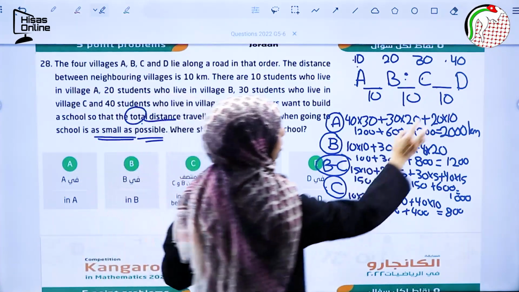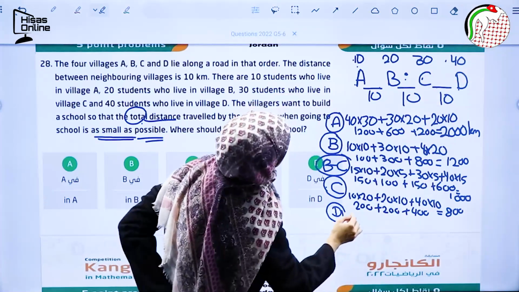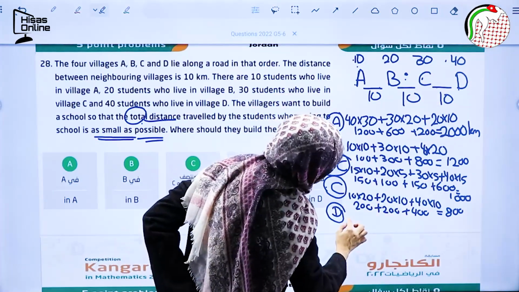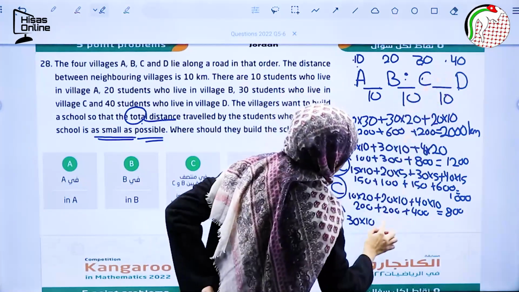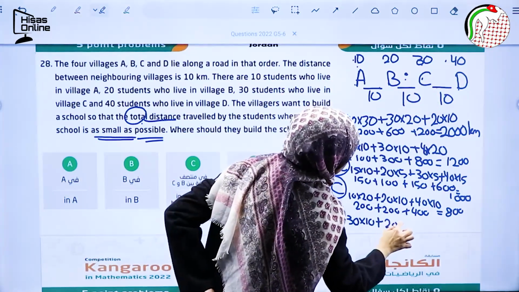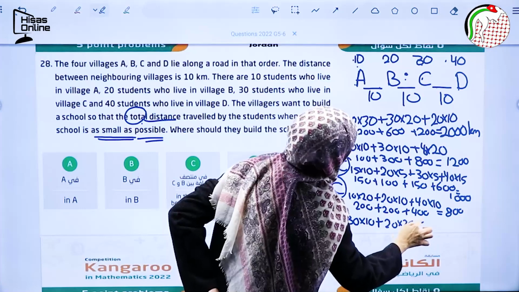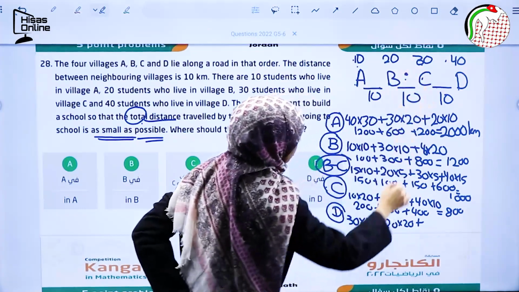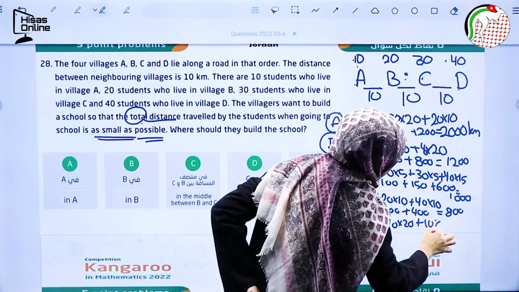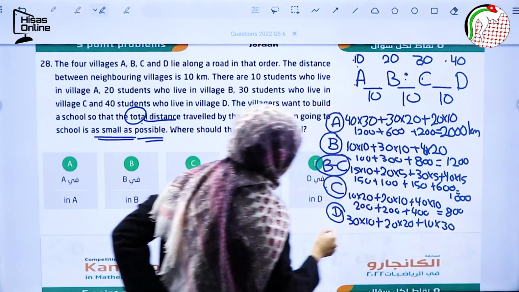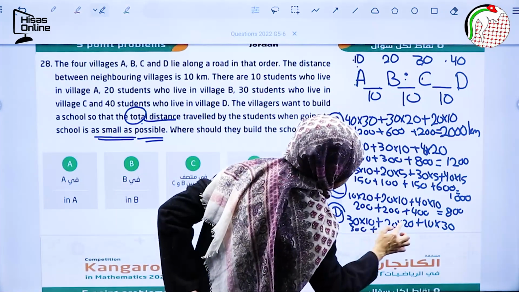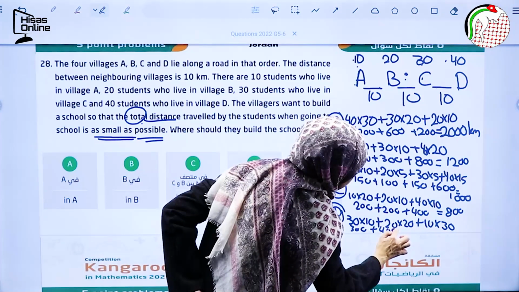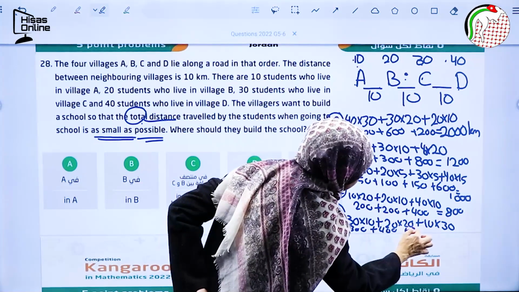And the last one in D, 30 times 10 plus 20 times 20 plus 10 times 30. Let's calculate here. 300 plus 400 plus 300.